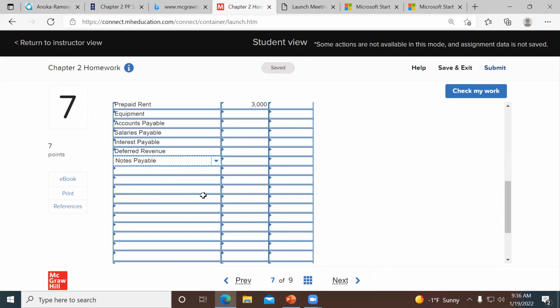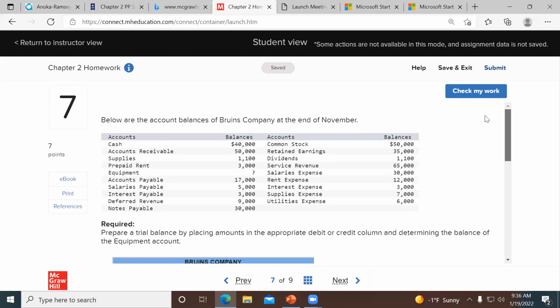Now, all liabilities have a normal what balance? Credit balance.